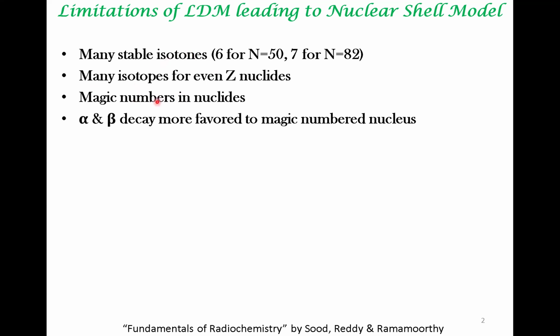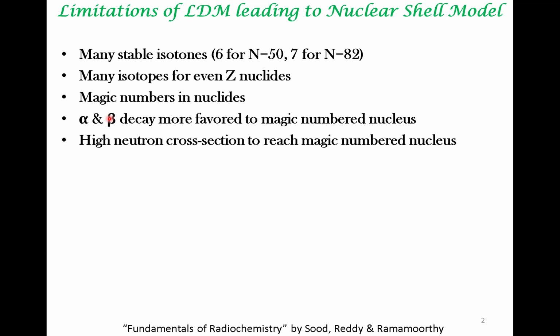Because of this fact, there are other consequences: alpha decay and beta decay tend to lead to the formation of magic number nuclides, which becomes more favorable. Likewise, if you can absorb a neutron and form a magic number nucleus, then the neutron absorption cross section for those reactions is also higher.